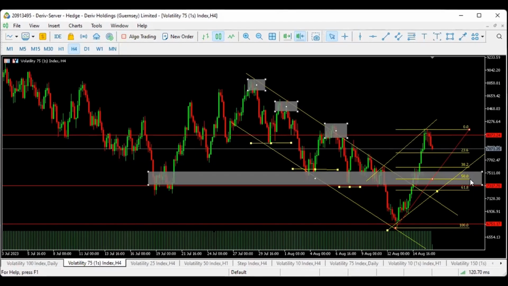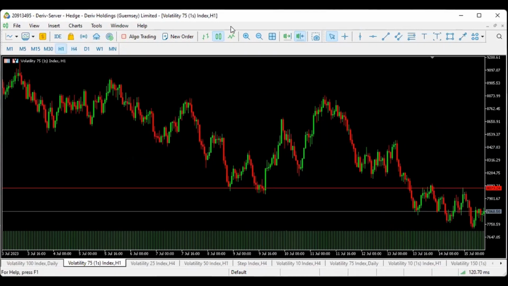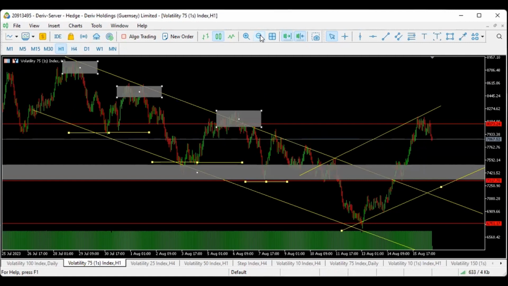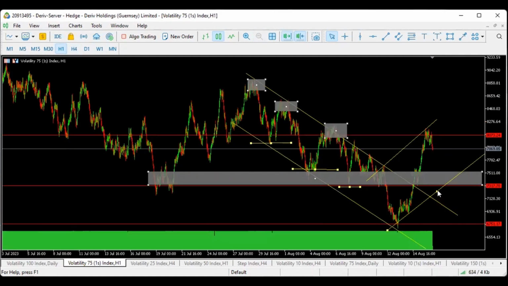So you can see our area is around 50. So this is for sure a golden zone, because we have all those confluences that make us say that when price retraces to this area, it will be an area of interest.